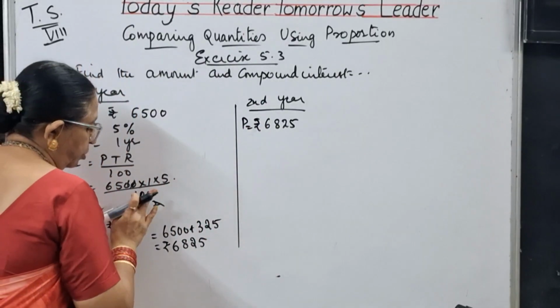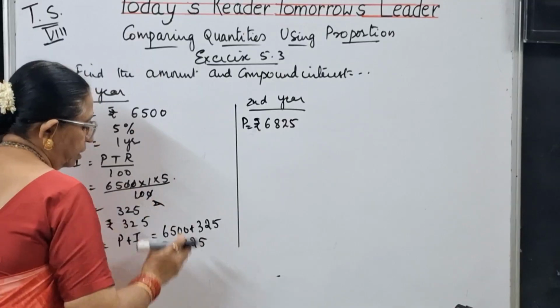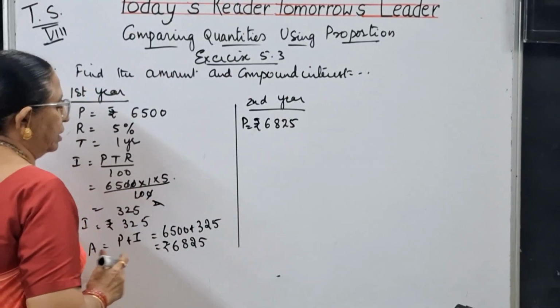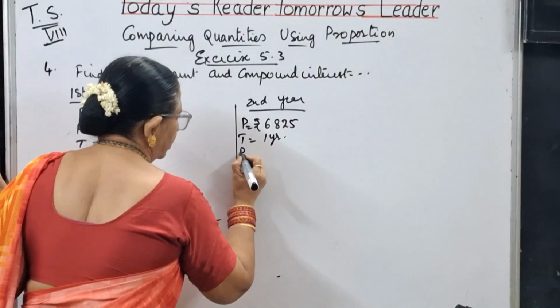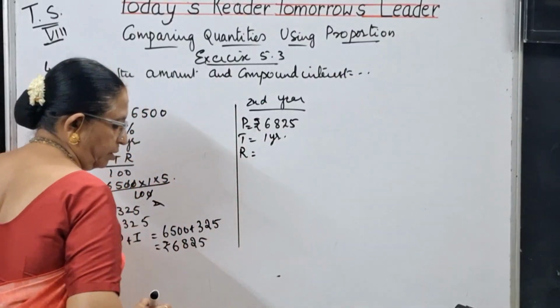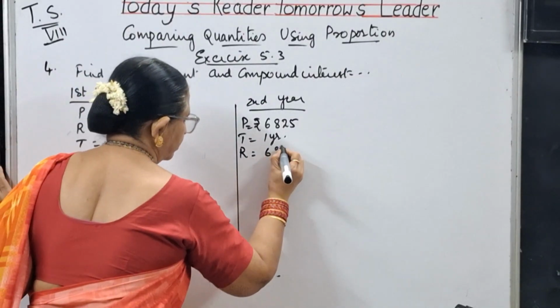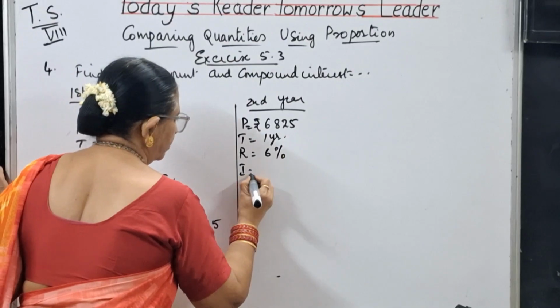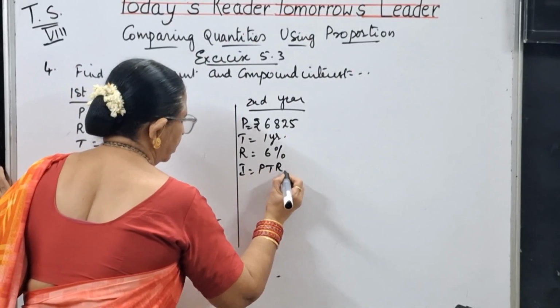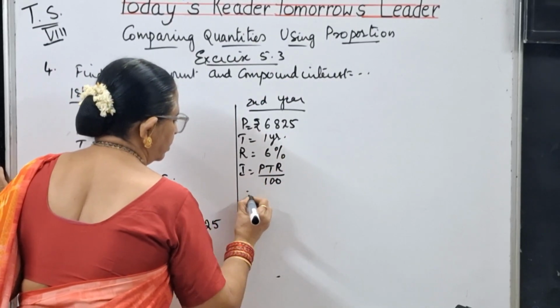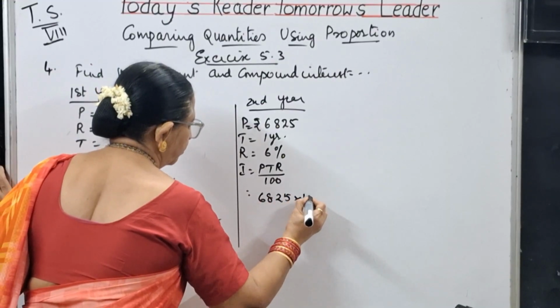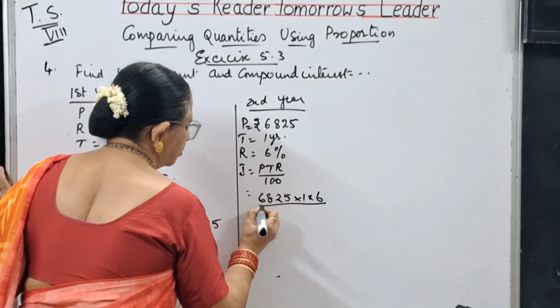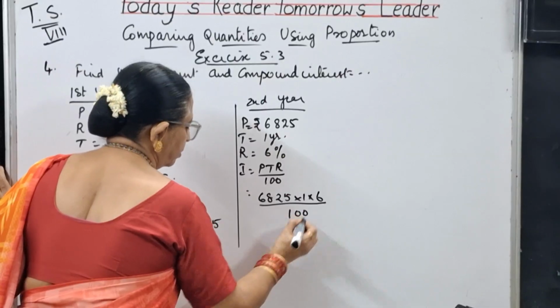So whatever is the amount at the end of the first year, that becomes the principal for second year. Time is equal to 1 year and rate is given as 6%. So I is equal to PTR by 100, that is 6,825 into 1 into 6 by 100.